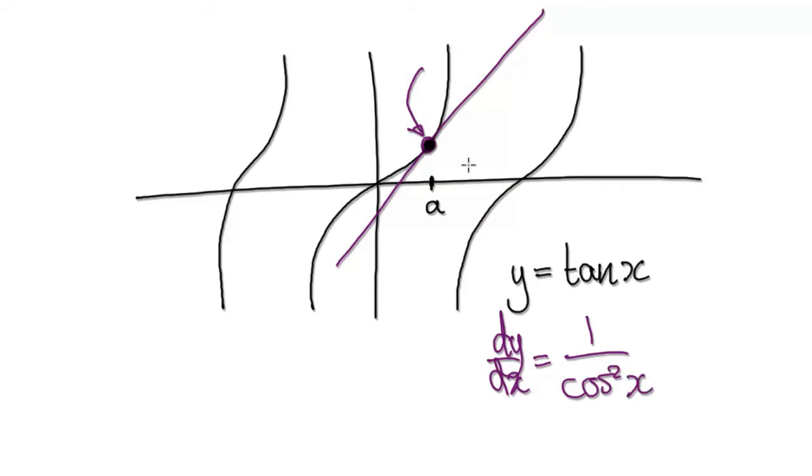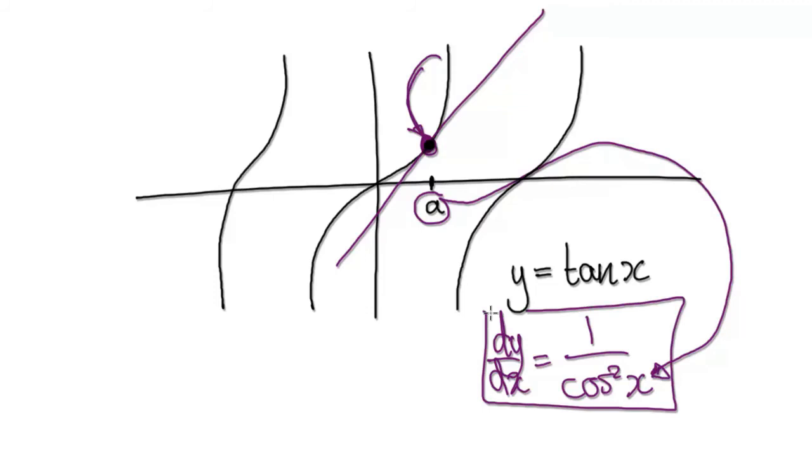But if we want to know the gradient right here, we need to put a into the gradient formula. So the gradient here will be 1 over cos squared of a, because you want to know the gradient at a, so you put a into here. So the gradient right here is 1 over cos squared of a.